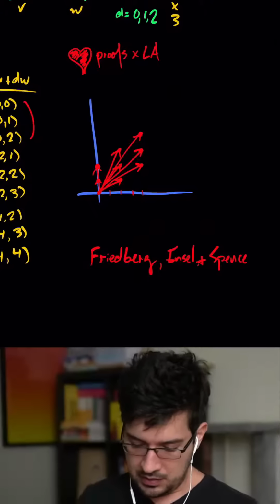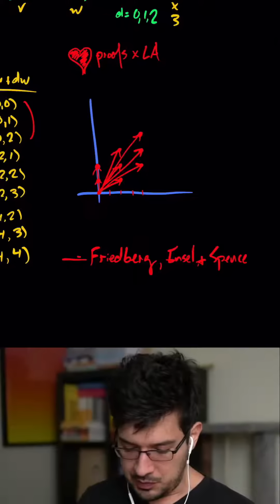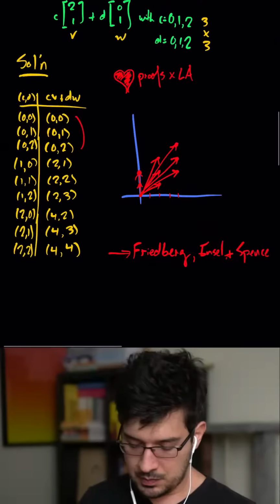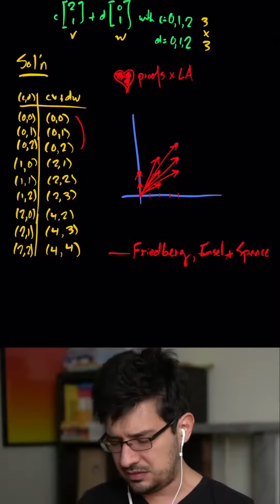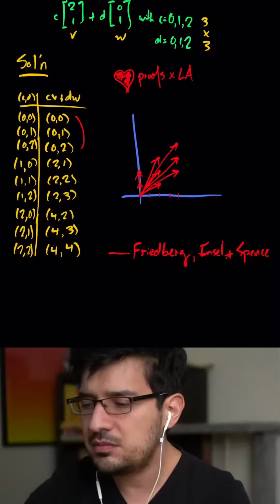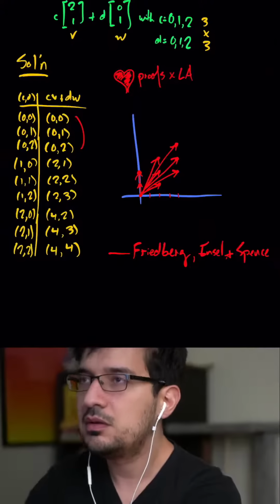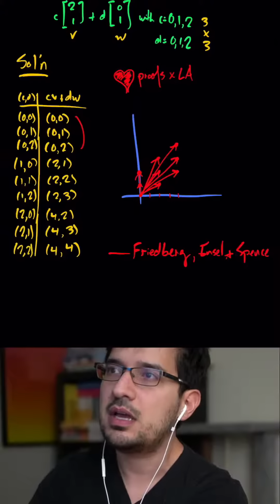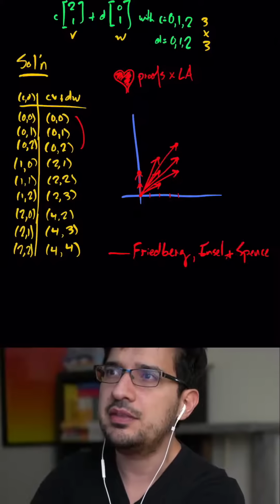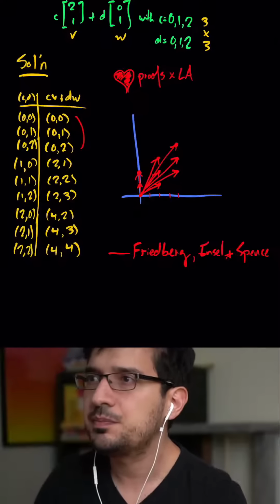But I like this one. This one was nice. Not 100% sure if the first name was Friedberg. What is that book? Yeah, okay, I got it. Friedberg, Insel, and Spence. That is correct.